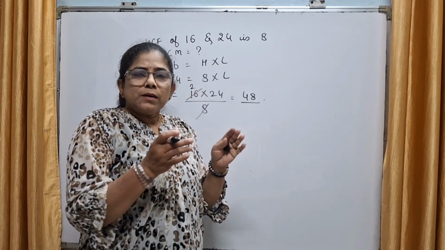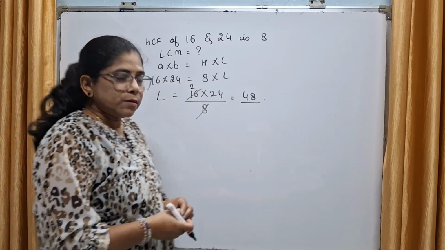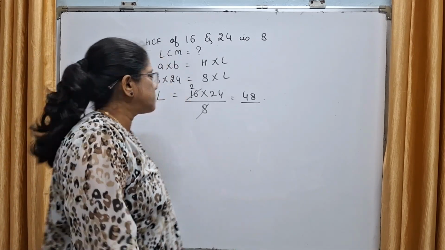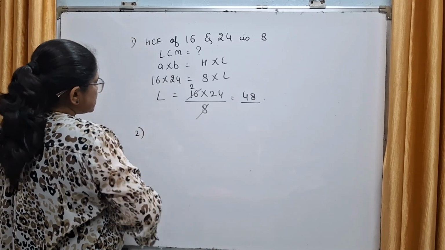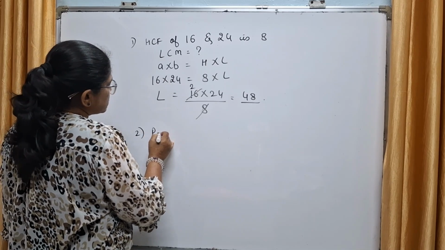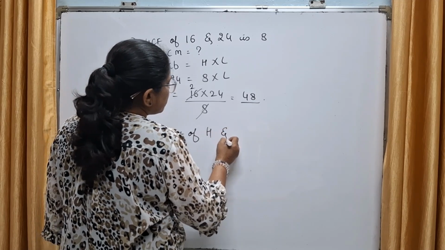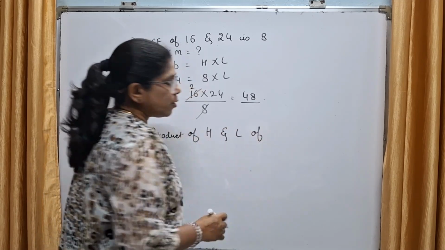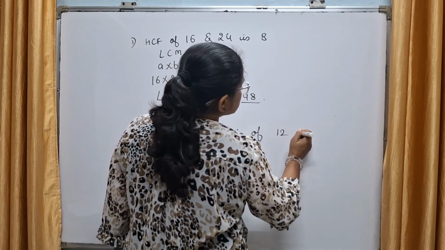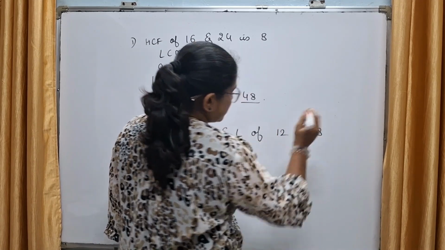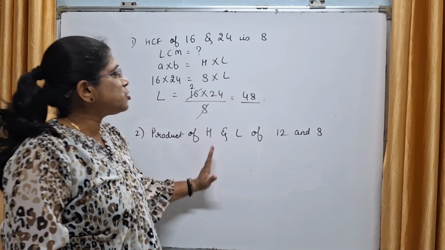So this is how they ask the question. Now in one paper, the question was, let's say this is the second question: the product of HCF and LCM of 12 and 8. Okay, numbers are 12 and 8 and they are asking you the product of HCF and LCM.